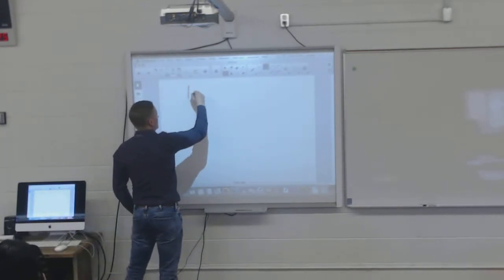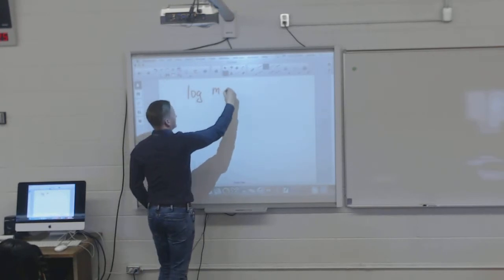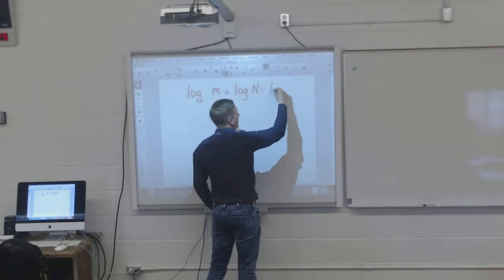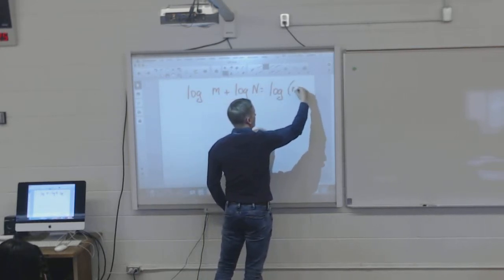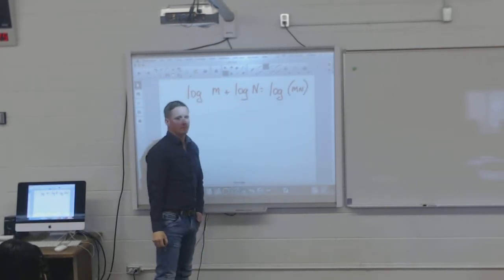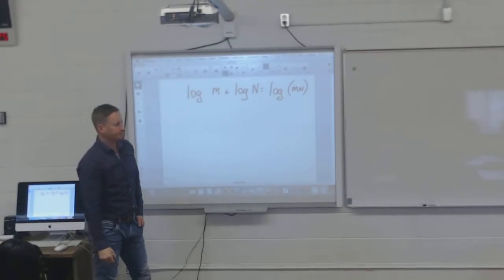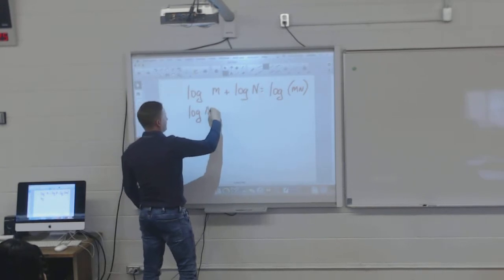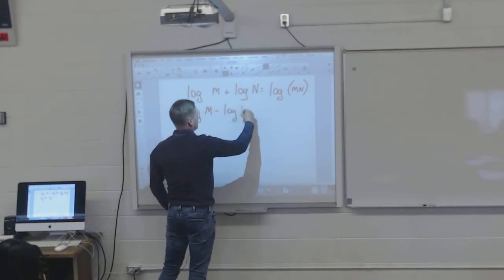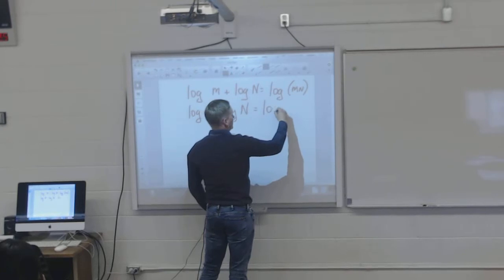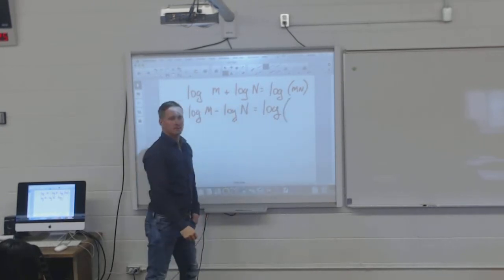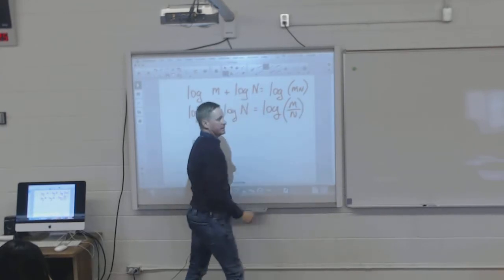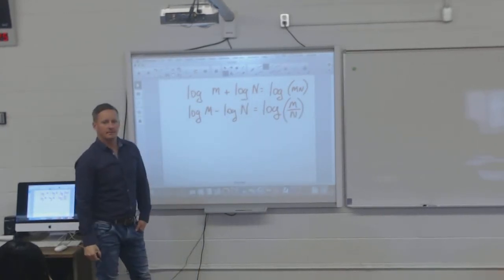So log of m plus log of n is the same as the log of m times n. Okay, so far? Log of m minus the log of n is the same as the log of m over n, we divide it, right?